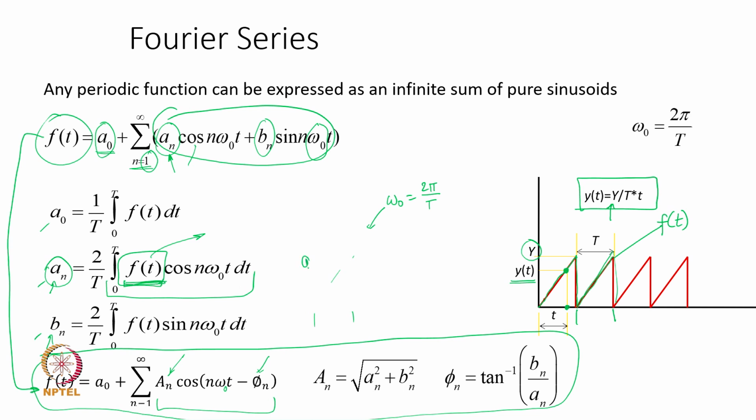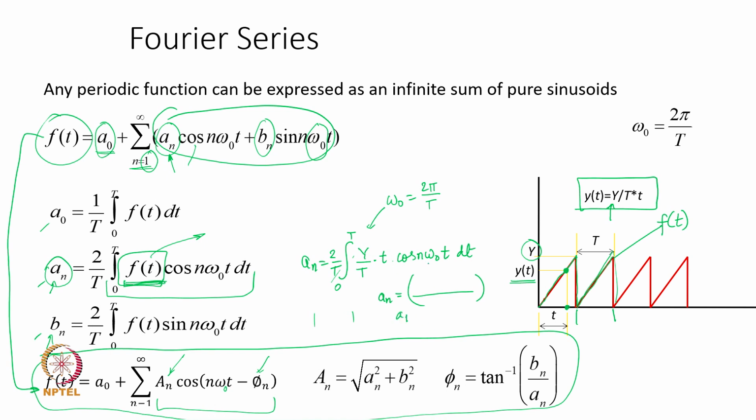So, if I want to find out a n, I will simply integrate by substituting the value of f of t, which in this case is capital Y by capital T times t, times cos n omega naught t dt, and you know how to evaluate this integral; it is quite straightforward. Once I get the expression of a n, I can substitute n equal to 1 to get the value of a 1.